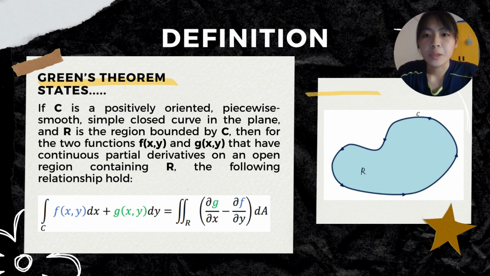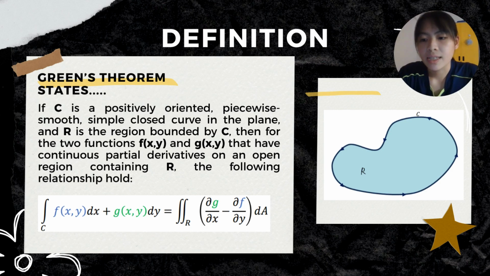This is the definition of Green's theorem. Let C be a positively oriented, piecewise smooth, simple closed curve in the plane, and R is the region bounded by C. If two functions f(x,y) and g(x,y) both have continuous first-order partial derivatives on an open region containing R, then we can apply the formula below.